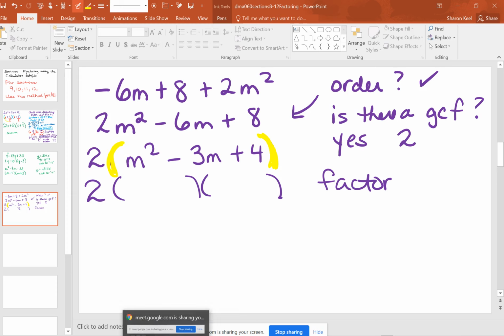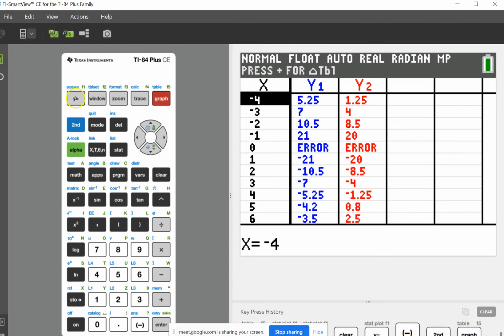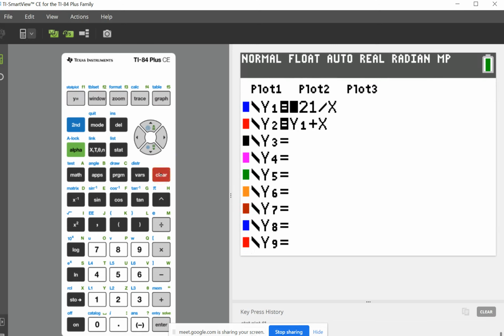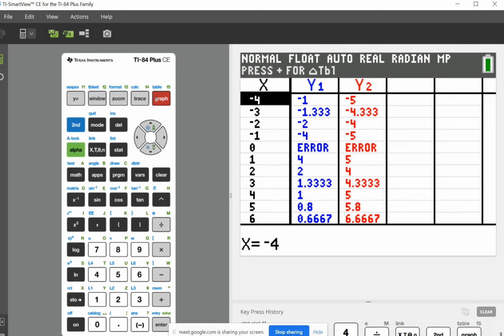So what we have here on Y1, we're going to do, and we're going to look for a negative 3. So on Y equals, clear, 4 divided by X, second table, and we're looking for a negative 3.